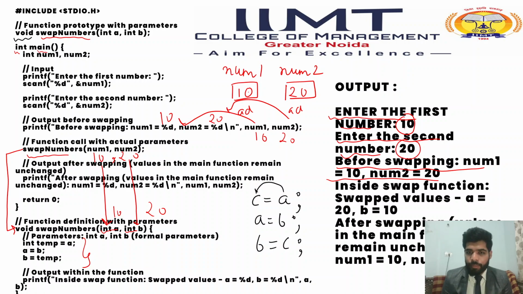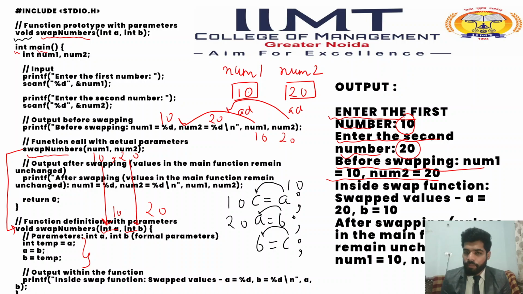Okay, for example, a and b had already values 10 and 20. So the value of a, that is 10, is transferred to c, so c has become 10. Then we have written a equals to b, that is the value of b will be transferred to a. B was 20, so now a is 20. Then the value of c is going to be transferred into b.